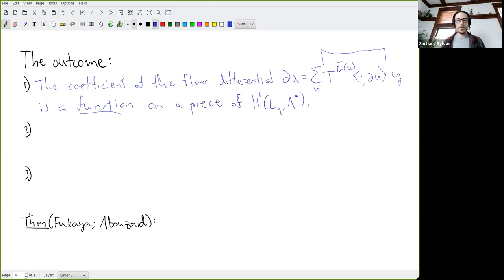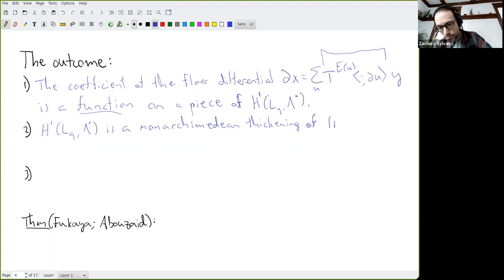The second thing that we get out of this is if we look at this H^1 of LQ with lambda star coefficients, it is a non-Archimedean thickening of, well, I'll say of the dual torus.